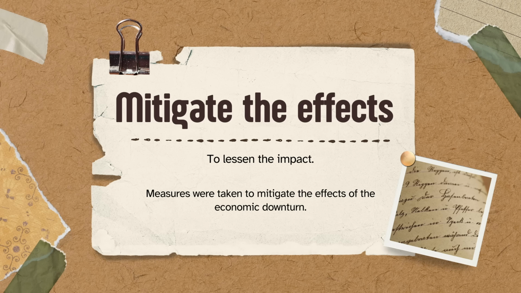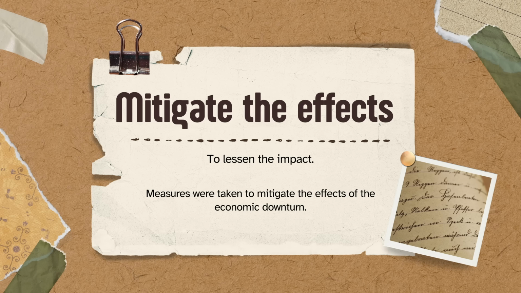Could you think of any measures that you might use to lessen the impact of an economic downturn? So here, measures were taken means steps or actions were carried out. The economic downturn refers to probably a period when the economy is struggling, such as during a recession.